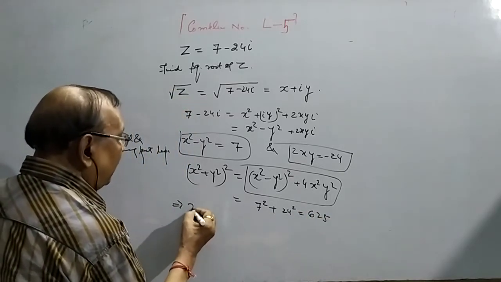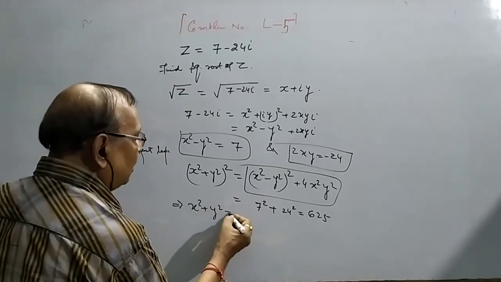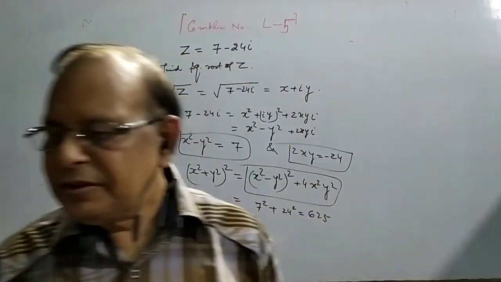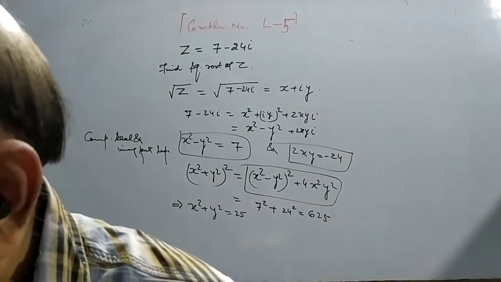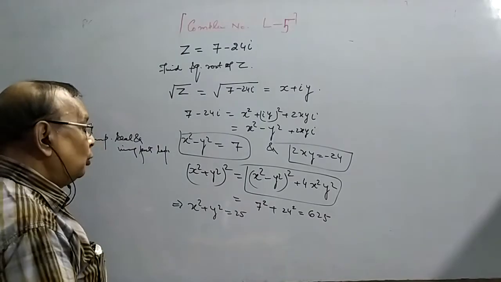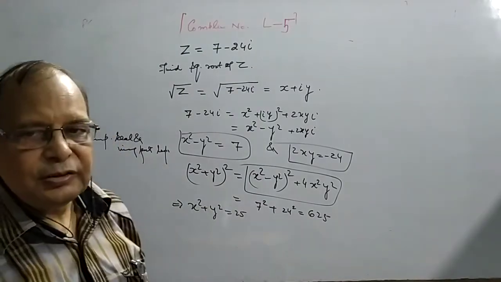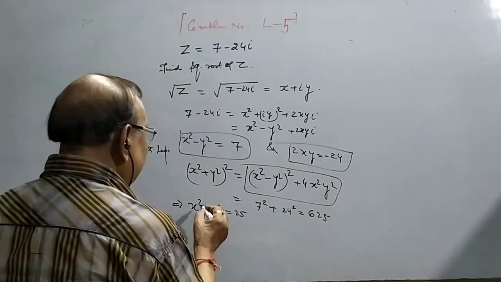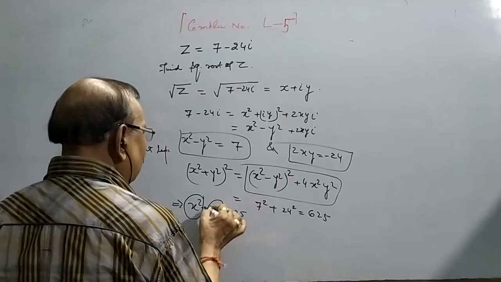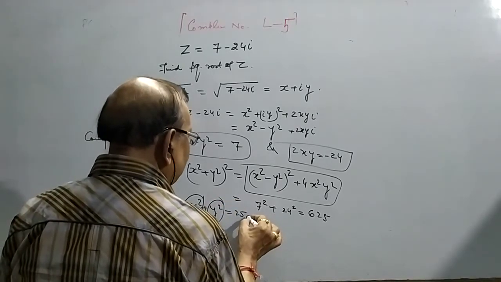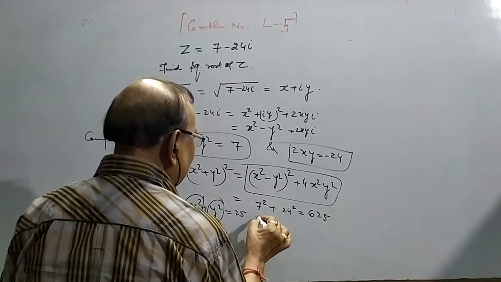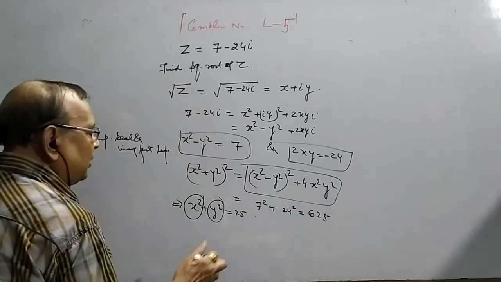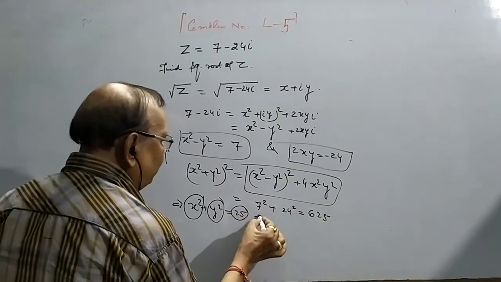Therefore, x square plus y square is equal to 25. The square root of 625 may be either plus 25 or minus 25, but as x and y are real, x square plus y square is non-negative, so we consider only the positive value.